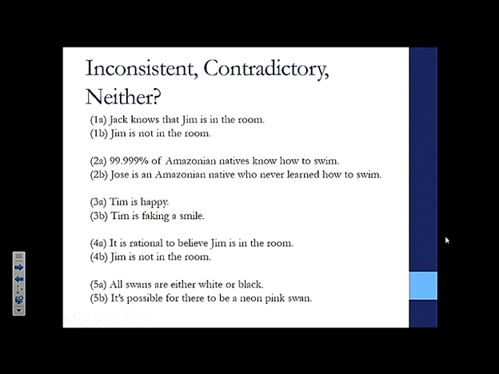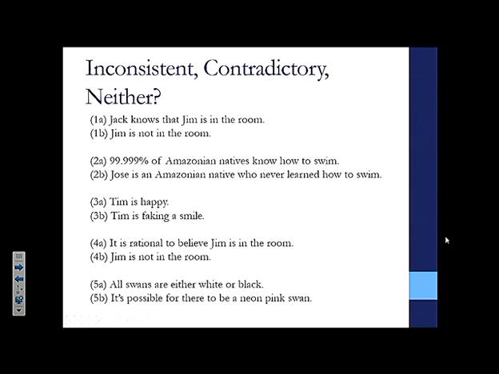All right, let's see where you guys are at. Number one, Jack knows that Jim is in the room. Jim is not in the room. Who thinks that this is a contradiction? Nobody? Good. Who thinks that these are inconsistent? All right, some of you. Somebody care to say why? Because if he knows something, it must be true.